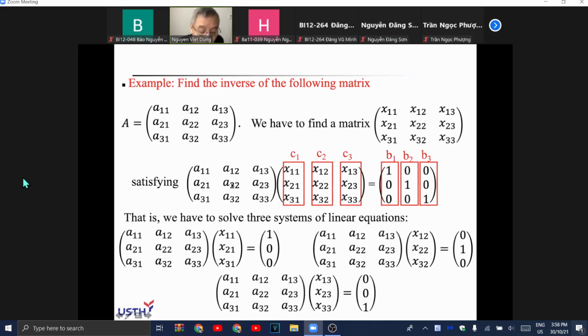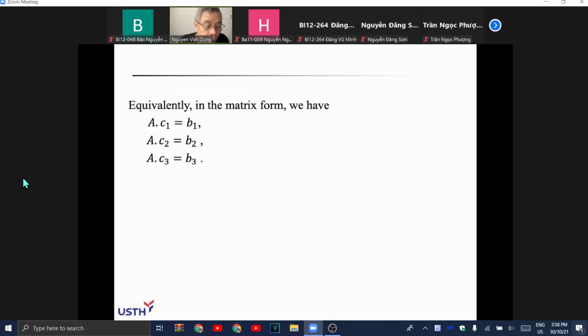And the last one, if we take A multiplied by the last column, we get the last column here. So here we have 3 systems of linear equations in matrix format. We can write it as A C1 equals B1, A C2 equals B2, A C3 equals B3.